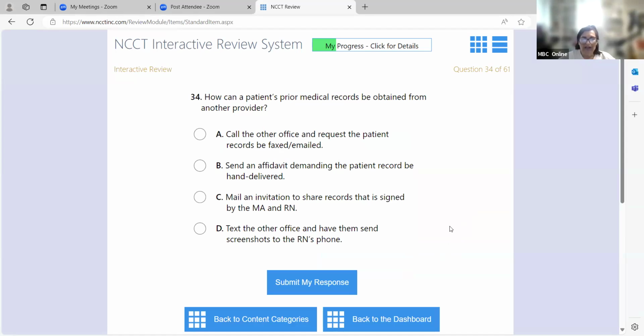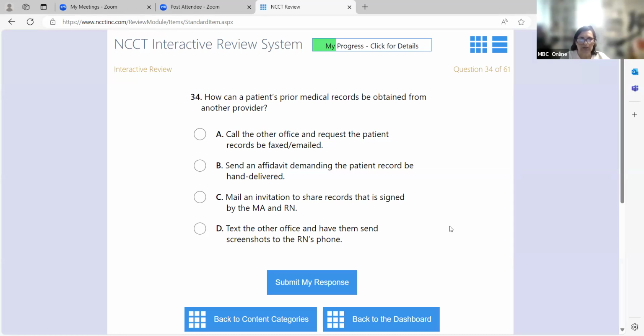Next one, how can a patient's prior medical records be obtained from another provider? So if a patient's medical records need to be obtained, these are the steps you would take. Would you call the other office and request the patient records be faxed or emailed, send an affidavit demanding the patient record be hand delivered, mail an invitation to share records that is signed by the MA and RN, or text the other office and have them send screenshots to the RN's phone?